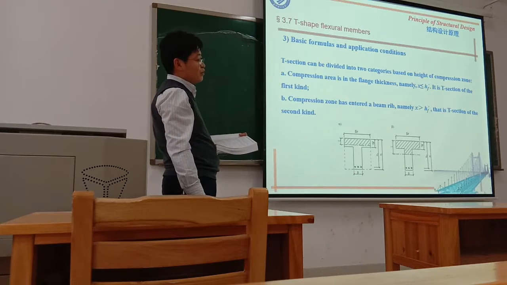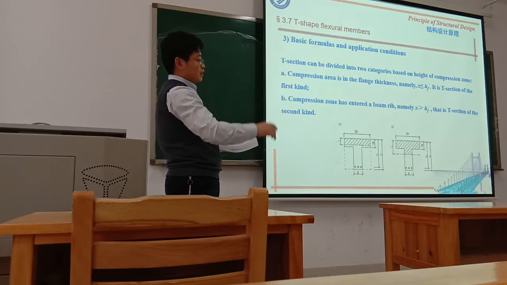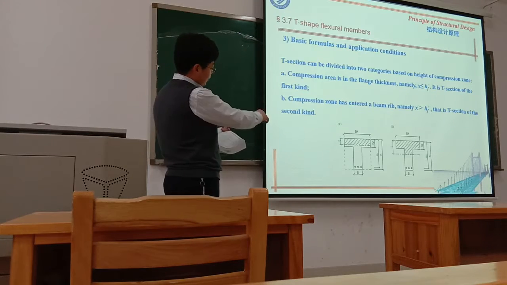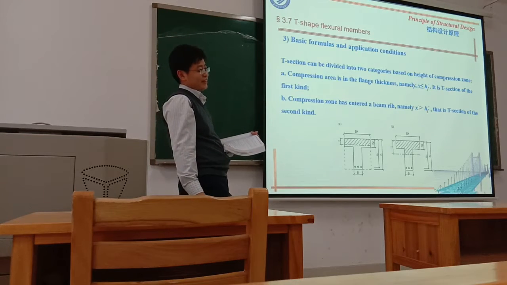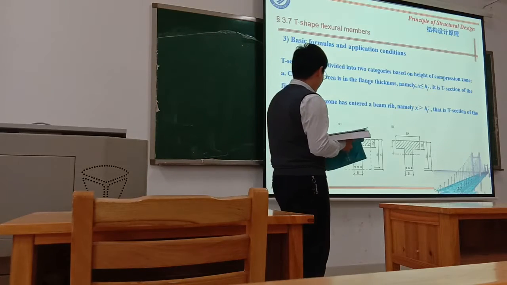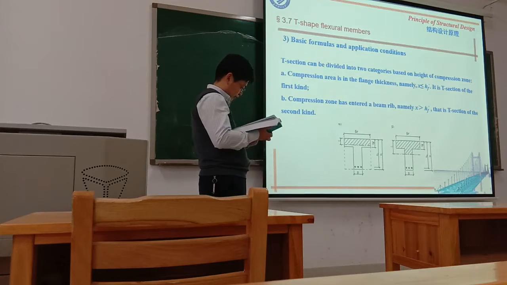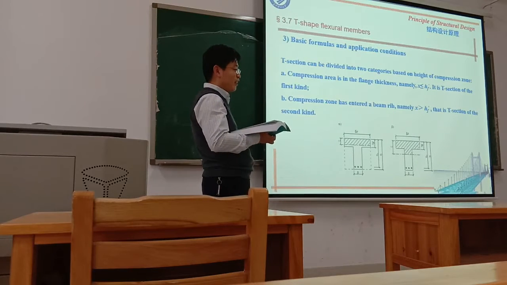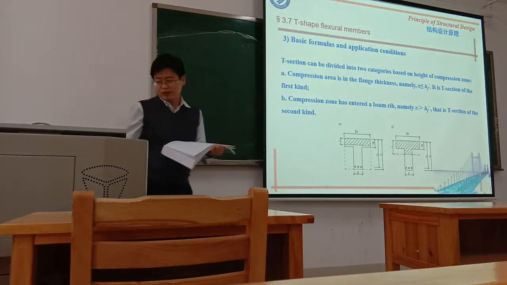Also, can you write the basic equations for type 1 and type 2? If you just see this figure, can you write the basic equation? You can write it. Oh, but this symbol is wrong.